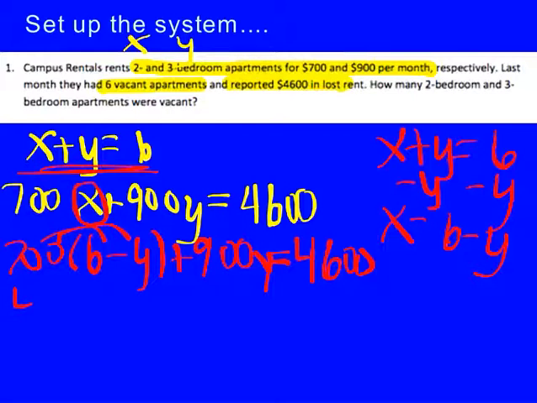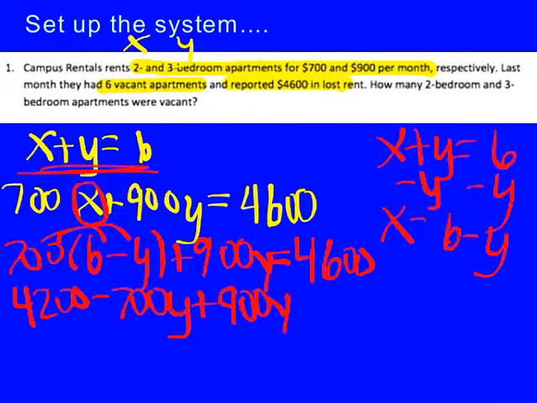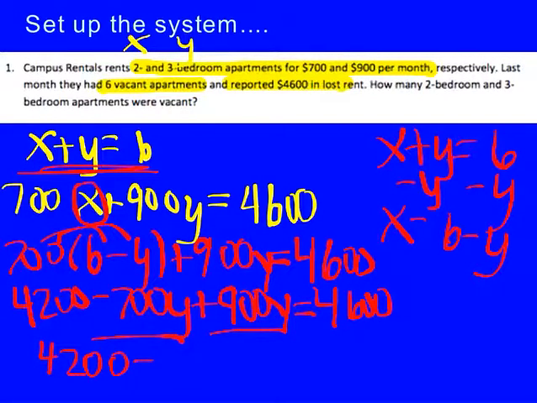Distributing in that 700, 700 times 6 is 4,200, and that's going to be minus 700y plus 900y is equal to 4,600. Okay? So now when I combine those two, I'm left with 4,200 plus 200y is equal to 4,600.